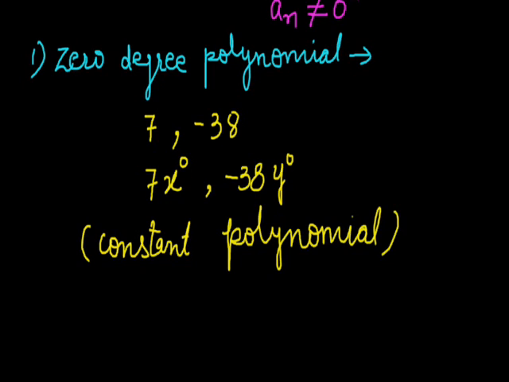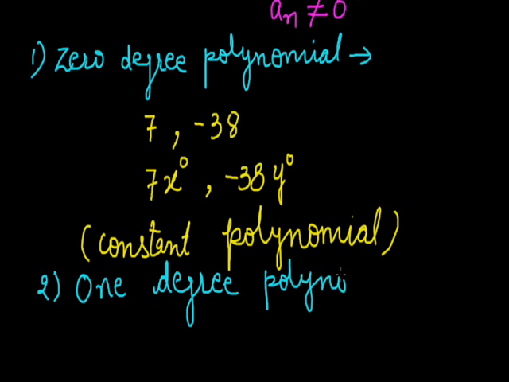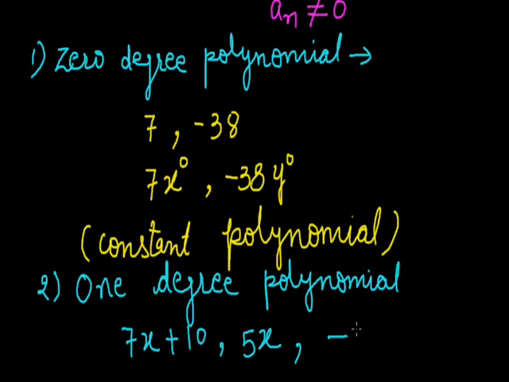The second type is whose degree is 1. That is, the polynomial will contain the highest term of x raised to 1. For example, 7x plus 10, 5x minus 19x plus 55.